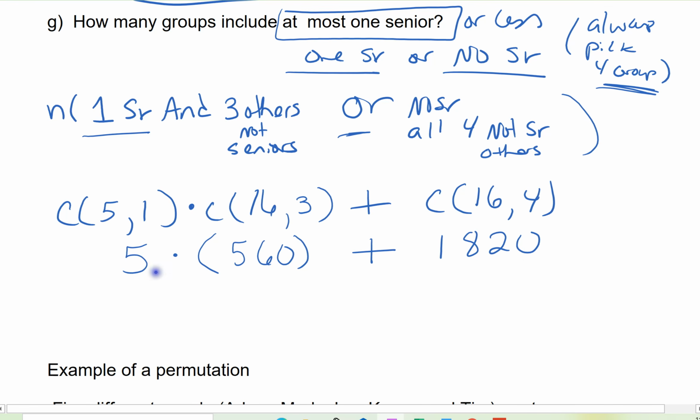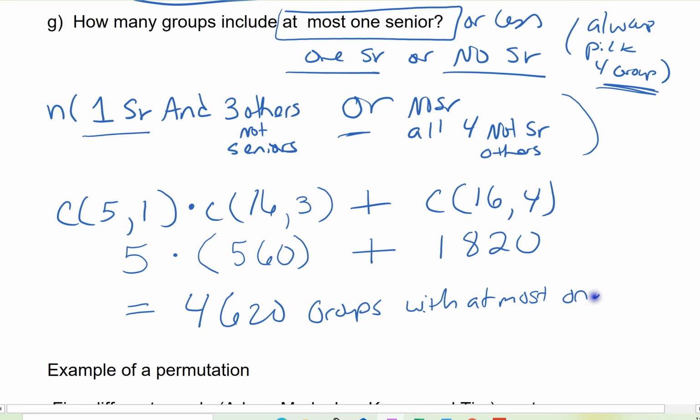That's what this represents. Whatever 5 times 560, that would represent all of the groups with 1 senior. Alright, so it's going to be a fairly large set. When I multiply them out, 5 times 560, add the 1820, it comes out to 4,620 groups with at most 1 senior.